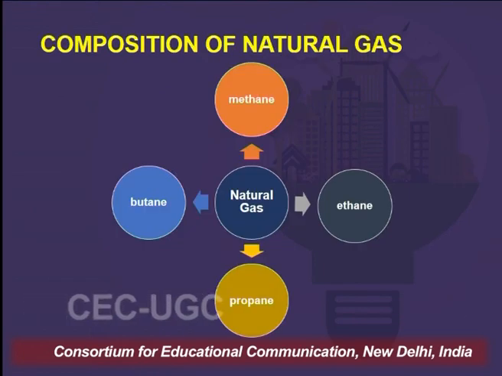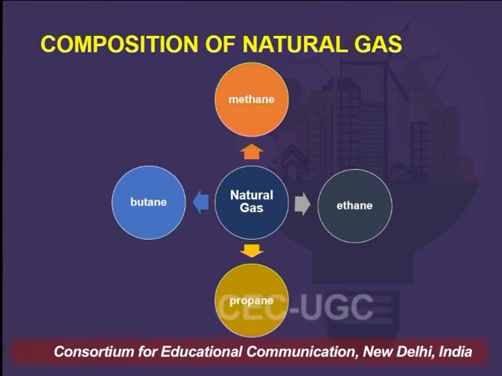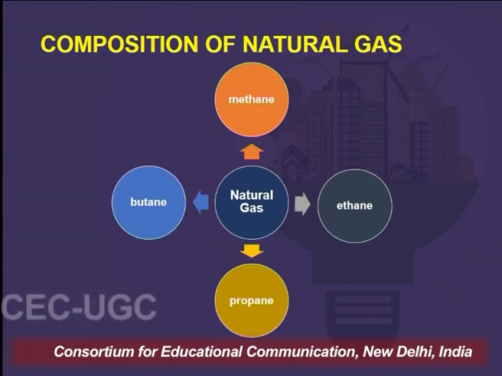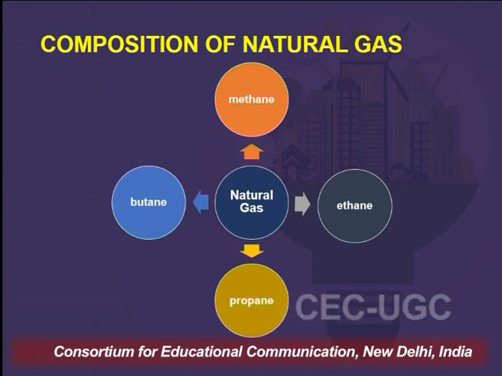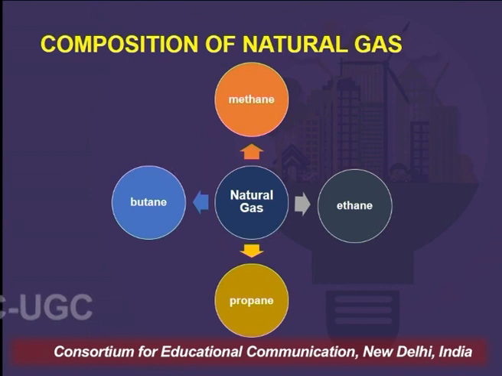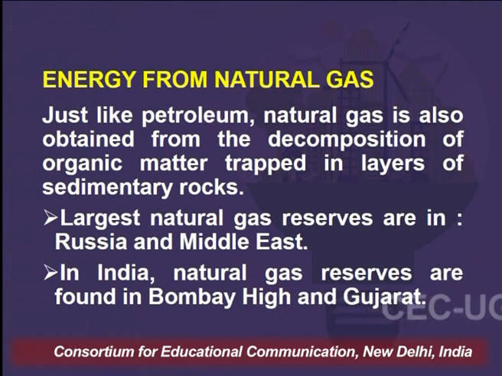Now, this is the composition of natural gas. Natural gas consists of methane, ethane, and propane and butane in comparatively smaller quantities. That is, the major quantity is of methane and ethane in natural gas. Energy can also be obtained from natural gas.